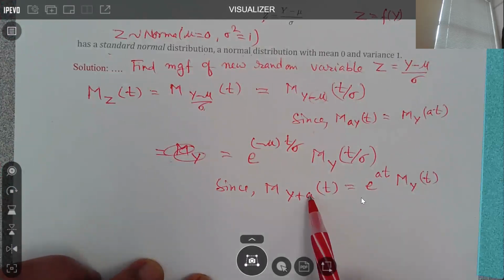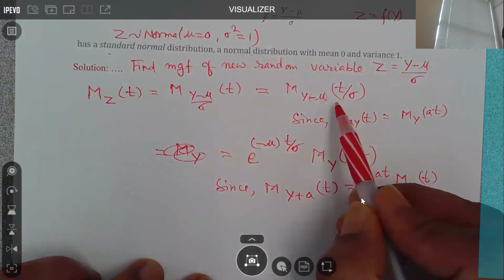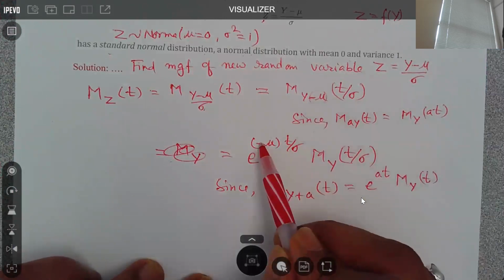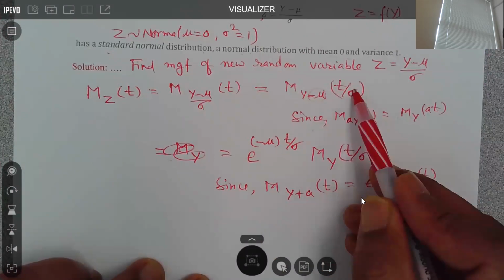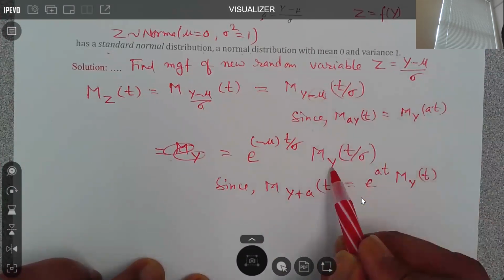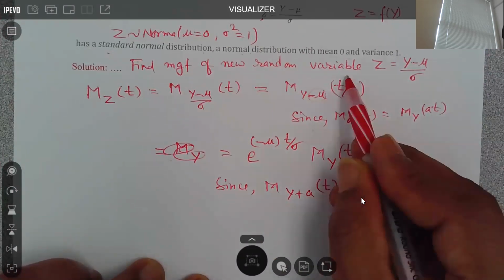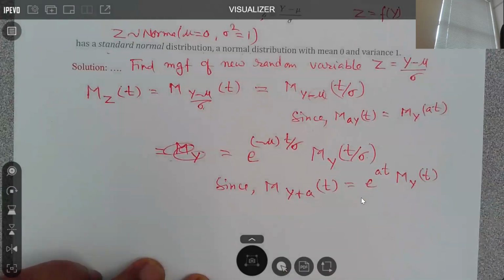Now in place of a here, we have the negative mu, so negative mu times t over sigma is this whole quantity here, and the t in M_Y is the whole quantity here too.